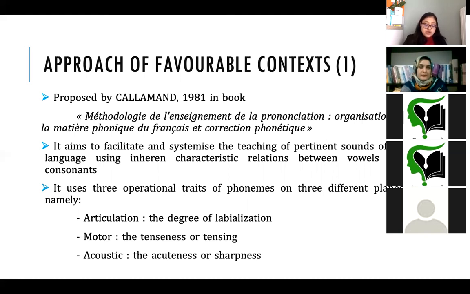The three main operational traits of phonemes that are considered here in this methodology, which may also be considered acoustic traits, are articulation, so the degree of labialization of a certain vowel or consonant, the motor traits, which means the tenseness of a certain vowel, how tense it is, and the acoustic trait, which is the acuteness or the sharpness of a vowel or a consonant. There are two separate approaches when considering.